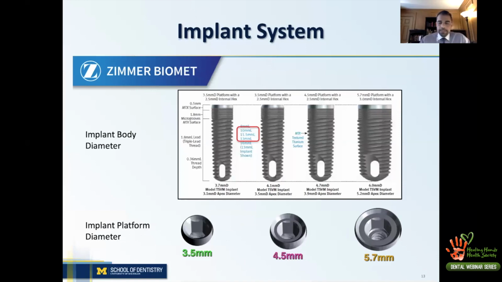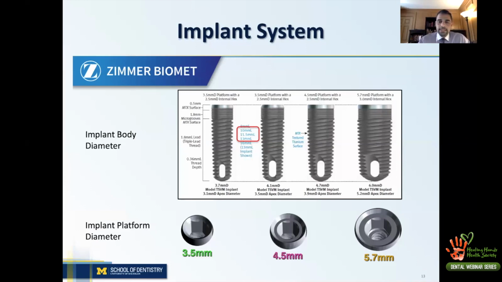The implant system that we use, again, has different diameters for their implants and different lengths. We have decided that we will only use implants that are 10 millimeters to 13 millimeters in length. Based on the old literature that stated that implants shorter than 10 millimeters have a higher failure rate, the decision when the program started in 2002 was that they would only place implants that are 10 millimeters or longer.